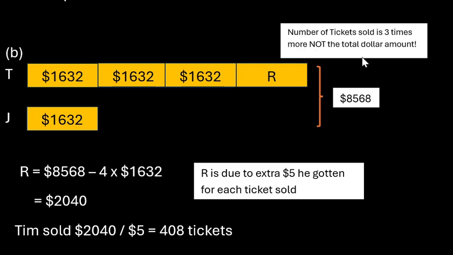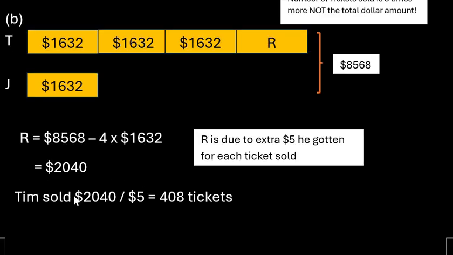A lot of students will get confused with this. The remainder was due to the $5 extra he got from each ticket sold. Since he got 2040 extra, you simply divide by $5, and this shows that Tim sold 408 tickets.